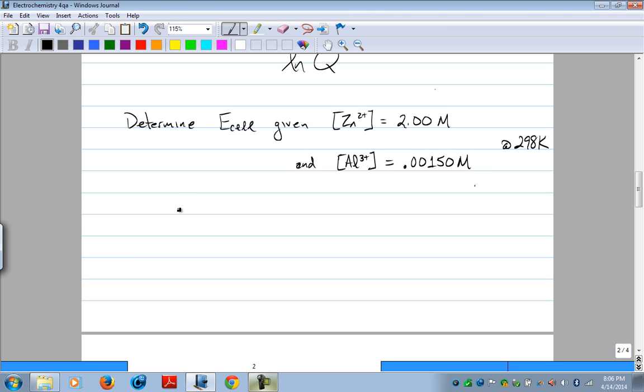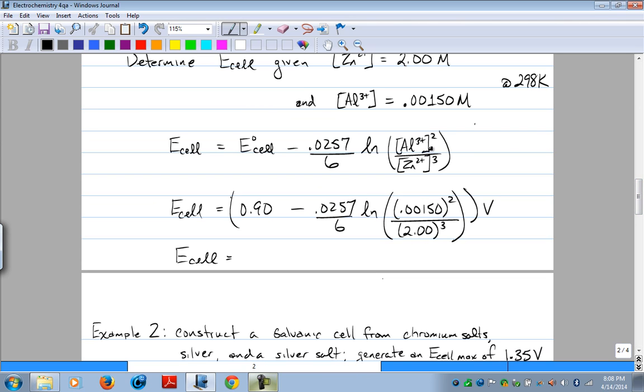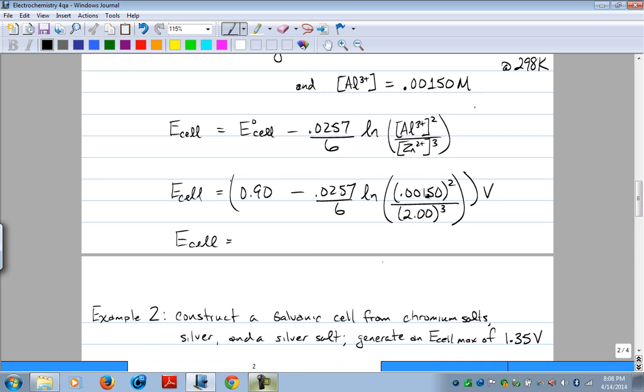So we write out the Nernst equation, and then we plug in the numbers. Remember, Q is products over reactants, concentrations to their coefficients as exponents. We're producing aluminum cations, the aluminum is being oxidized, the zinc cations are being reduced.